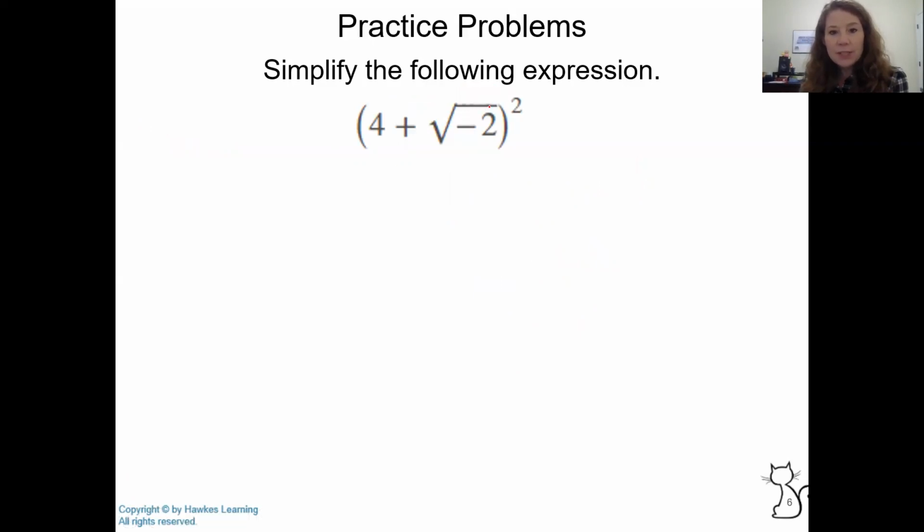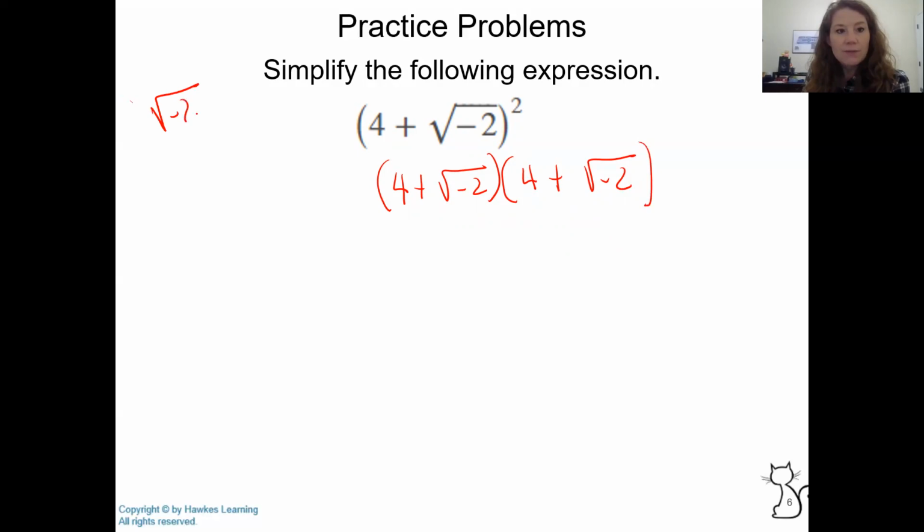So here we're going to take this whole expression and square it. So we're going to do 4 plus the square root of -2 times 4 plus the square root of -2. So we're going to rewrite the square root of -2. Nope, that's not right.